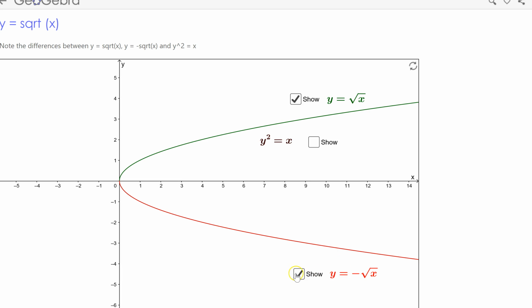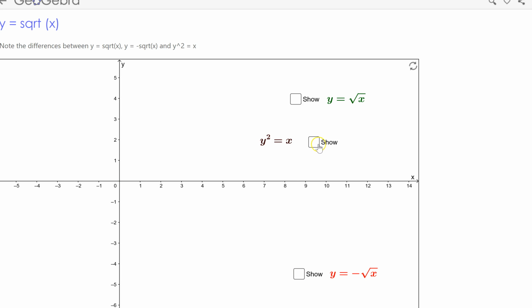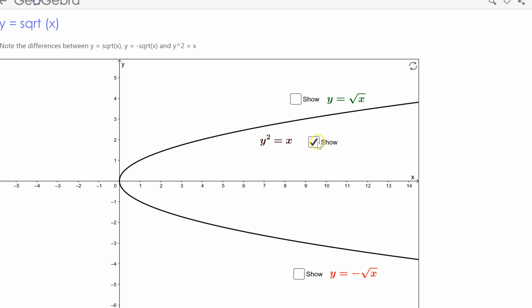Now either that or that are functions, but if we get rid of those and instead we imagine squaring whichever one of these, we would get y squared equals x. And when we do that, that's the entire parabola lying on its side.